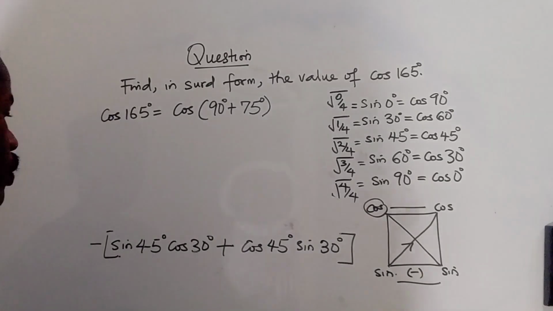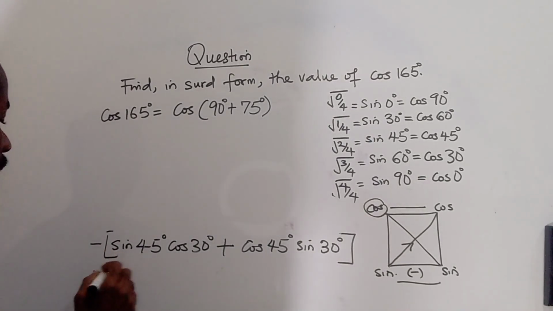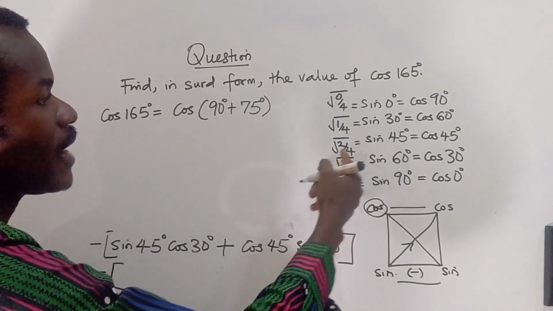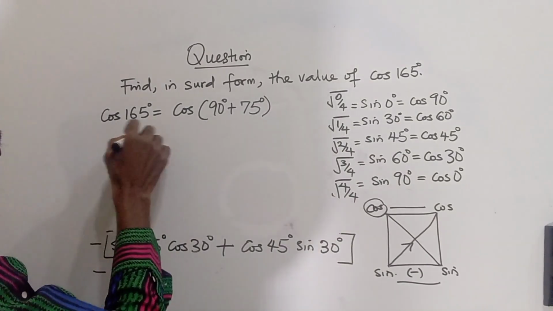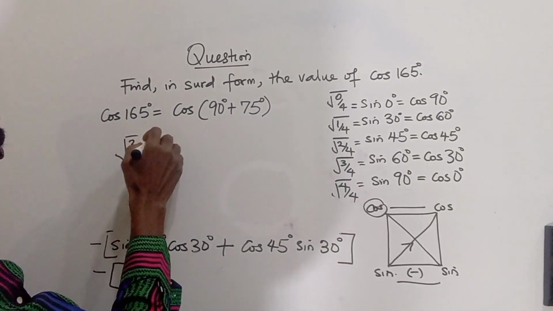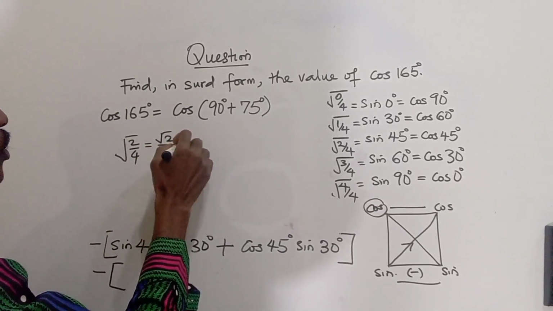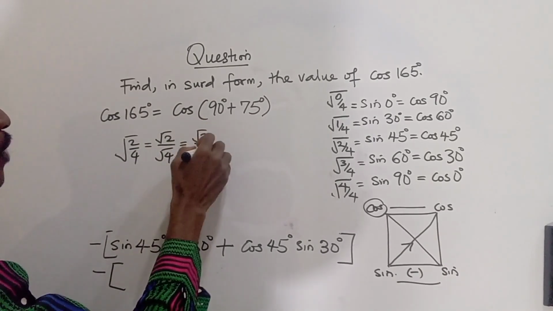So we are going to apply the special angles and substitute them into the expansion of our compound angle. All right, so we have minus in bracket sine 45. Sine 45 is square root of 2 over 4, which we can write as square root of 2 over square root of 4, which is square root of 2 over 2.